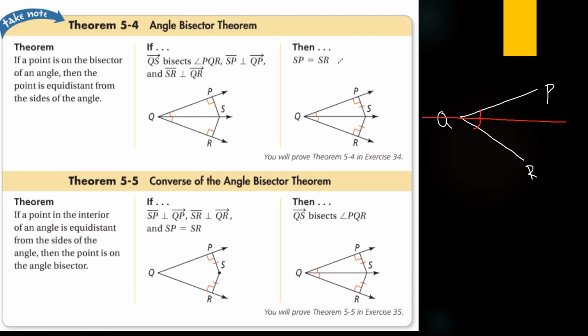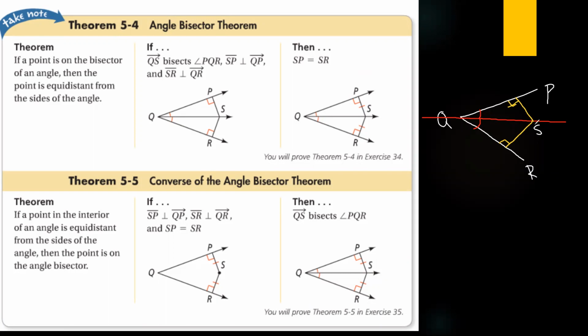Then, from this point S, you draw a line that is perpendicular to the side QP, and from S, you draw a line that is perpendicular to QR. So if the line bisects the angle, we call it an angle bisector.